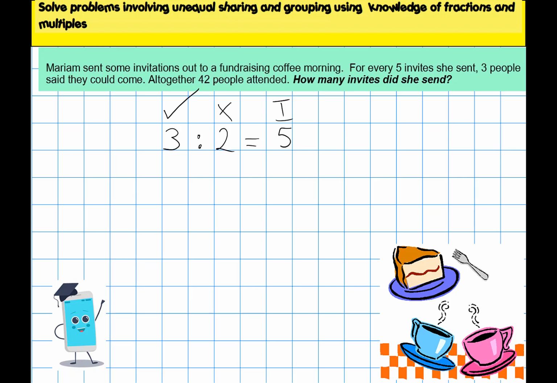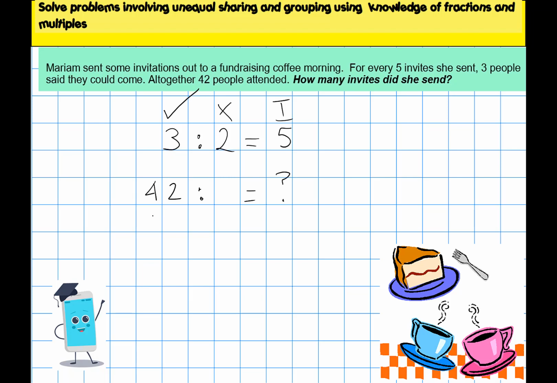Okay, altogether 42 people attended. How many invites did she send? So 42 attended, that means that goes in that column. 42 people attended, 42 people did come. How many invites did she send? So I want to know this.